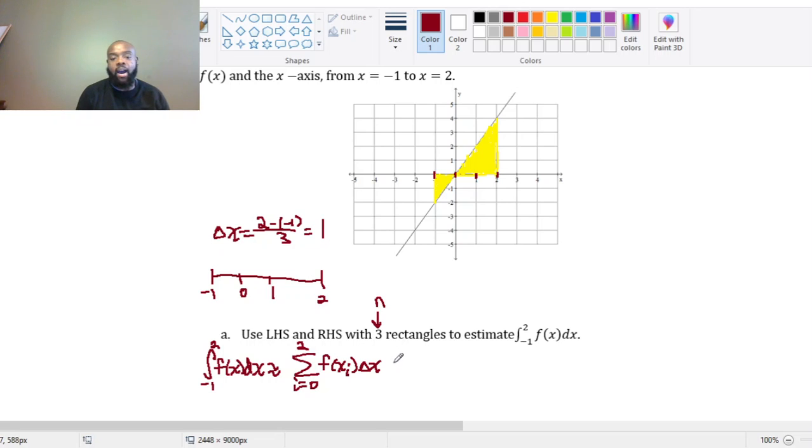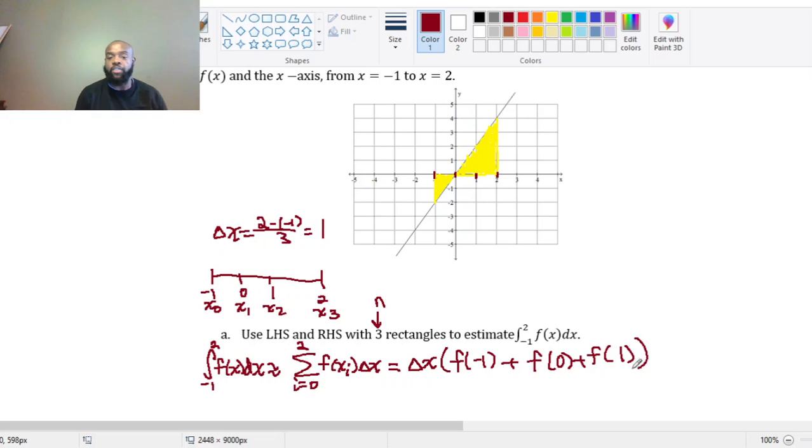And so our left-hand sum is going to be delta x times f of x sub 0 plus f of x sub 1 plus f of x sub 2, because we start at i equals 0. So it would be f of -1 plus f of 0 plus f of 1. And that's going to give us our 3 rectangles.